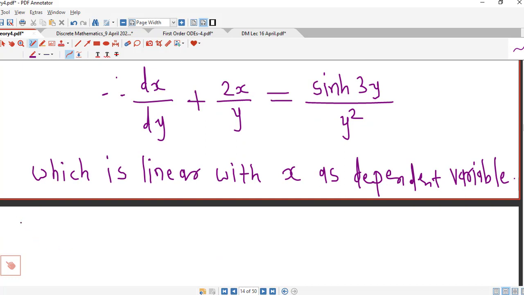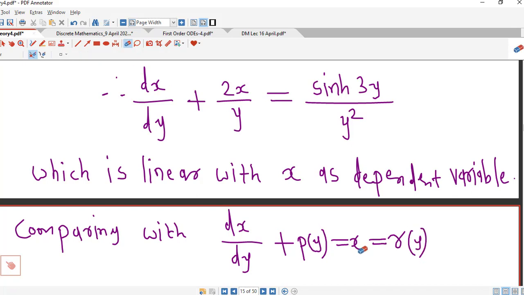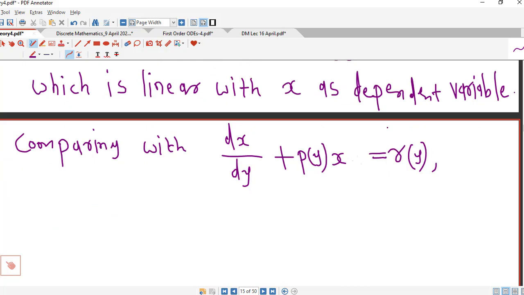And if we compare with the standard form, dx by dy plus some function of y into x equal to r of y, here p of y into x equal to r of y, we can see the coefficient of x is 2 by y, so this is p of y and this is r of y.